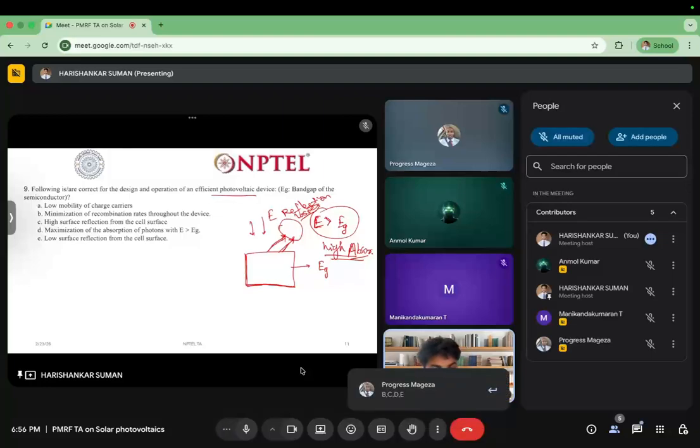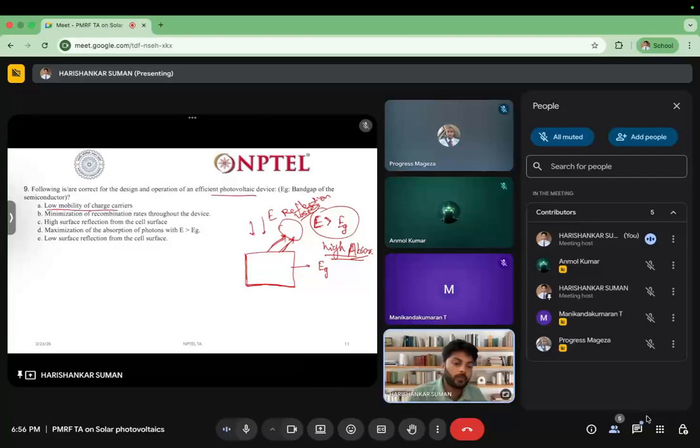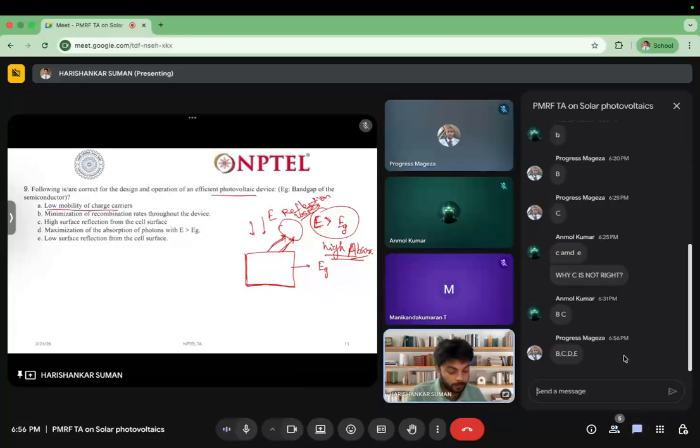Mobility means, okay, minimization of the recombination rate through the device.